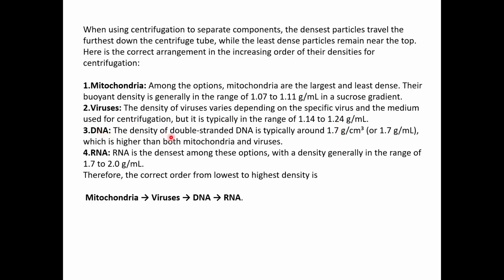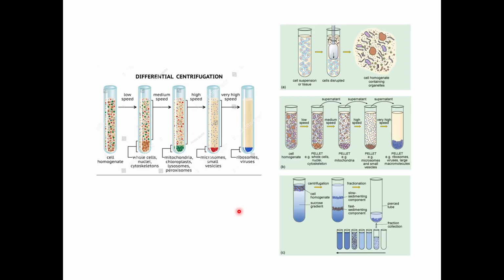And DNA is double stranded. The density is typically 1.7 g per centimeter cube, and it is higher than both mitochondria and virus. RNA is densest. The density generally ranges from 1.7 to 2 grams per ml. So the order of density in increasing is mitochondria, virus, DNA, RNA.